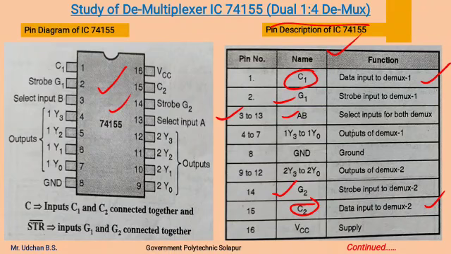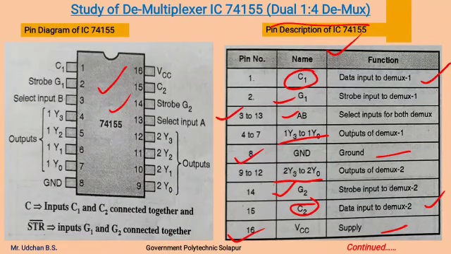Now for the first demultiplexer, the 4 output lines are 1Y3 to 1Y0, and for the second demultiplexer, the 4 output lines are 2Y3 to 2Y0. Pin number 8 is grounded and pin number 16 is supplied with the plus VCC.